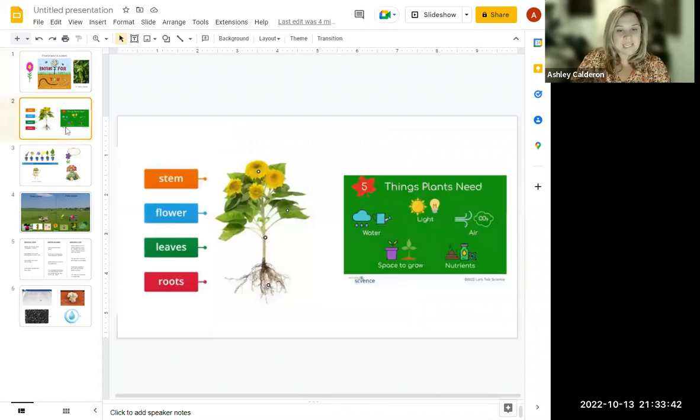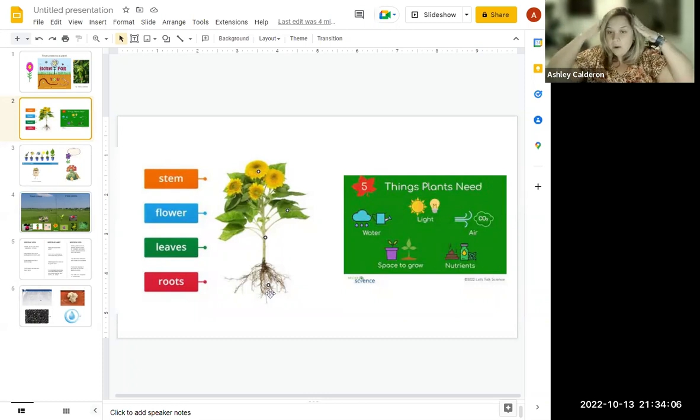So on this slide, you're going to see a real life plant. And on this, you're going to see the labels of what are the parts of a plant. So at the very bottom is the roots of a plant.